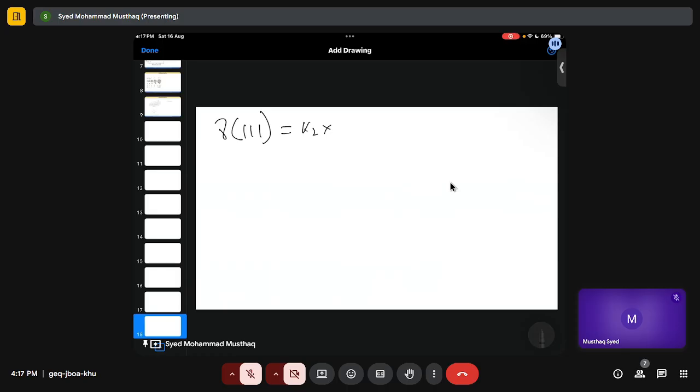Now we need to know the value, right? Now let me draw the crystal structure. I guess there is some lag.